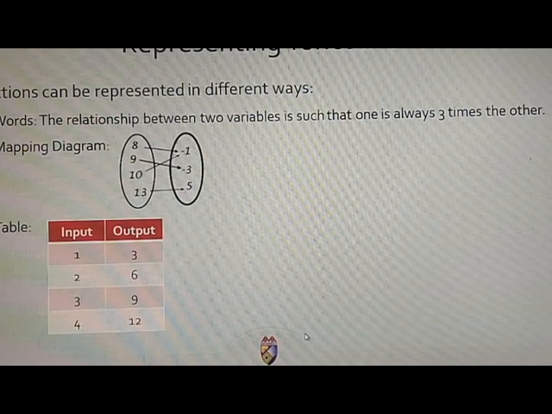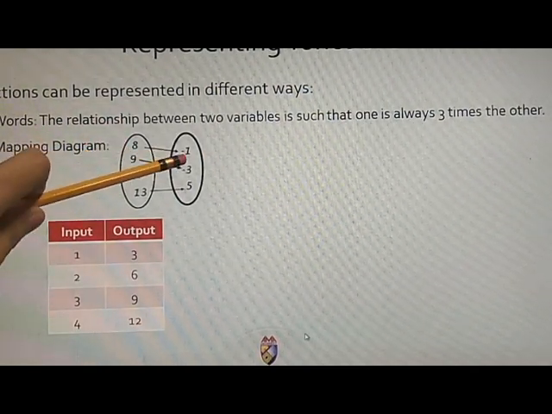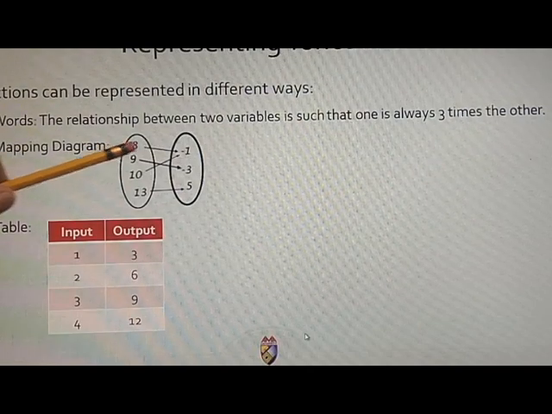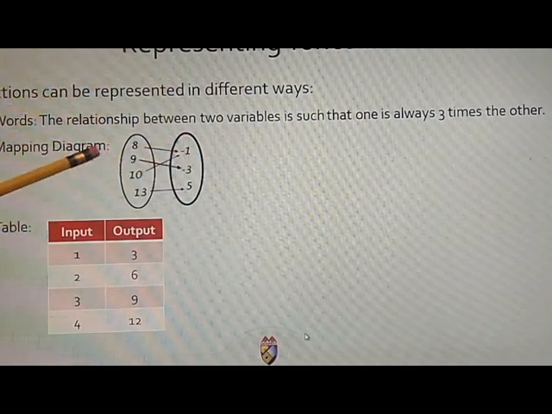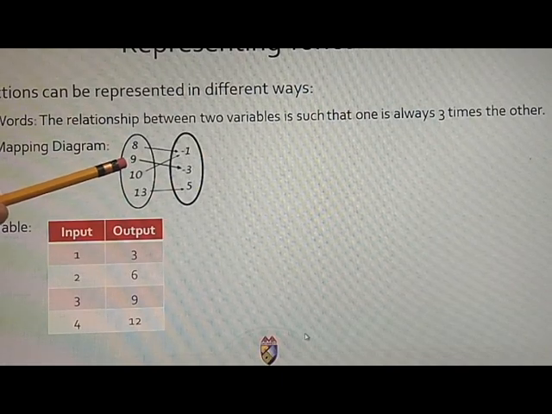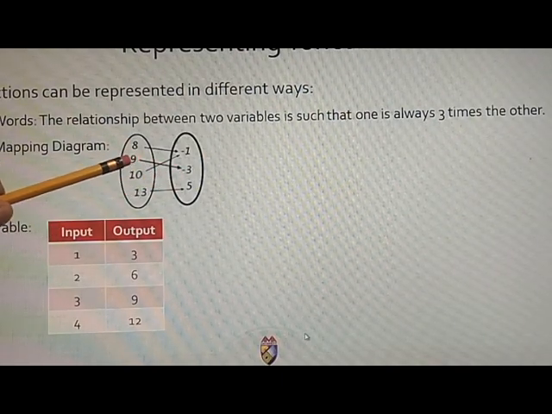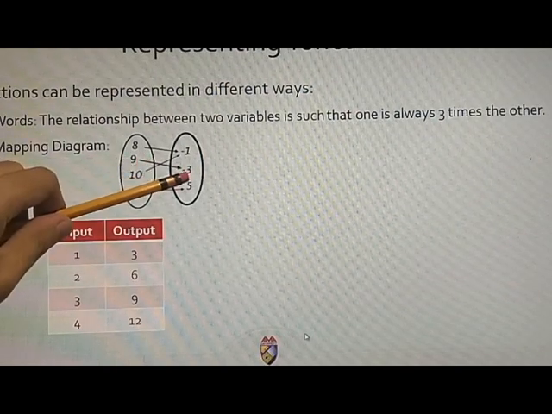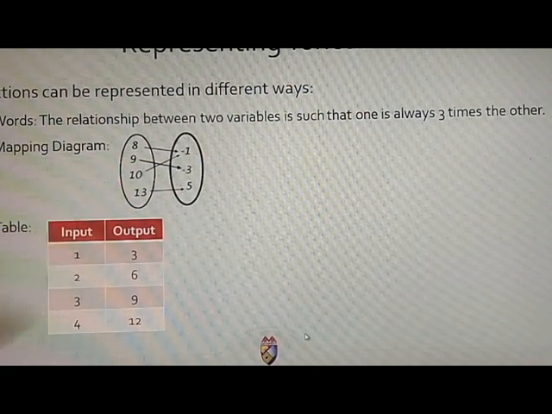For the first element, we have 8 mapped to -1, meaning we have an input of 8 and the output is -1. Next one is 9 mapped to -3. So we have an input of 9 and, through the mapping, we have the output of -3, and so on and so forth.